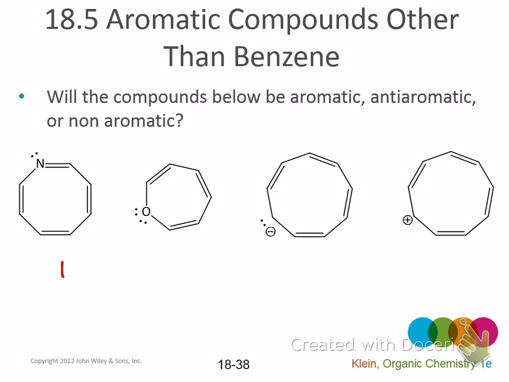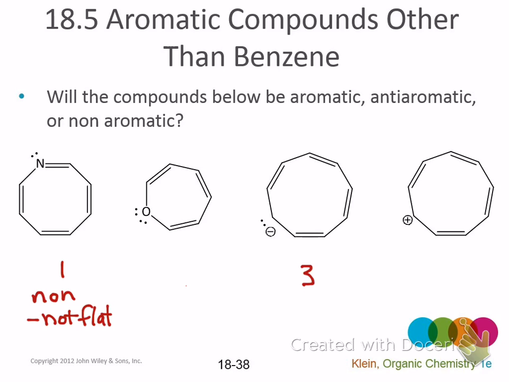So what about the number 3? I told you these are kind of weird, but it involves some analysis. So the first one, non, because it's not flat. So the first rule, Huckel rule, isn't followed, so it can't be anti-aromatic or aromatic.